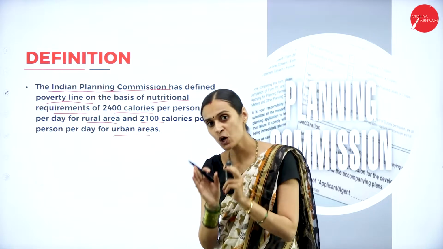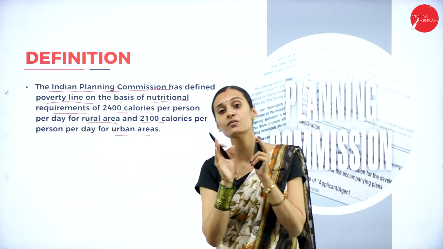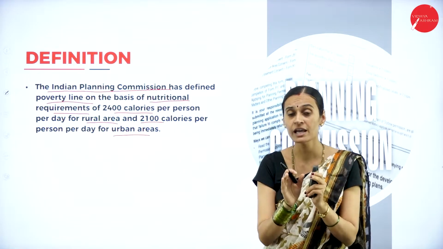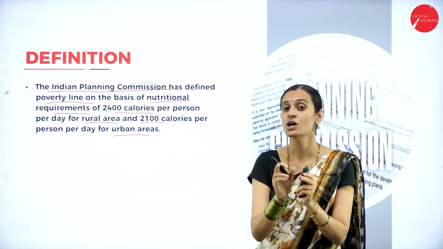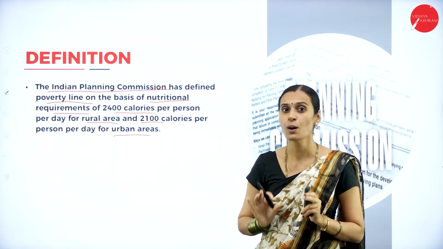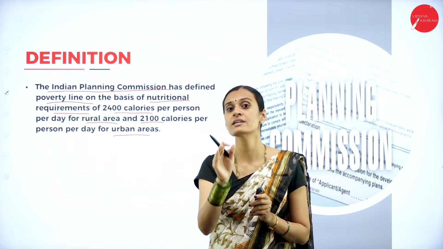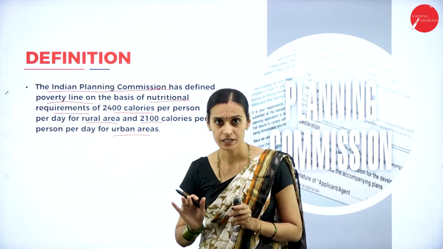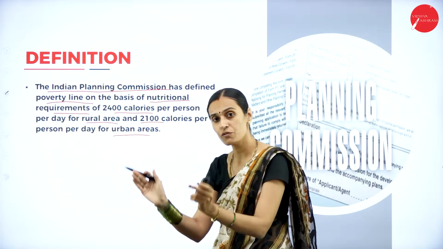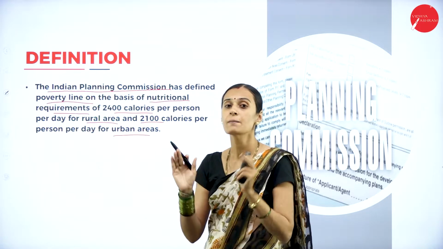If it is not possible to get 2400 calories per day in rural areas, that position is called poverty. In urban areas, it is 2100 calories per person per day. These are all the groups of people coming under the poverty line.